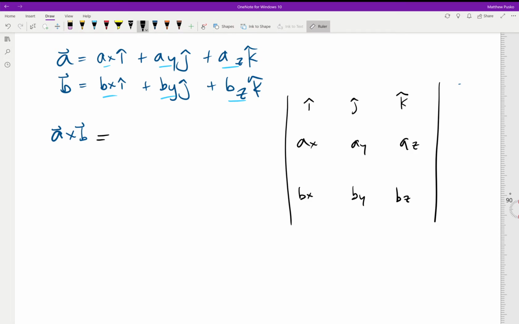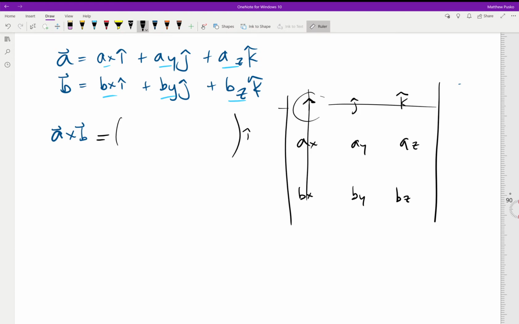The way I was taught is to take the first determinant portion, you cross these two out, you're going to get something multiplied by this now, because we get a vector as our answer. So we just make sure, right? The dot product gives you a scalar. The cross product gives you back a vector.